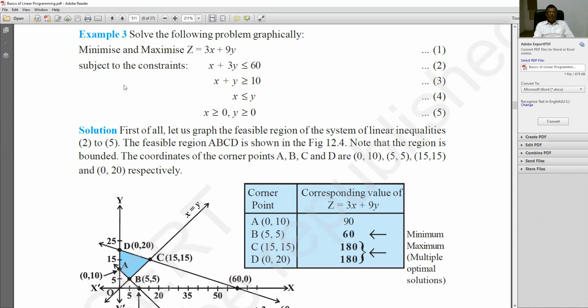Again, write: subject to the constraints. X plus 3y less than or equal to 60.